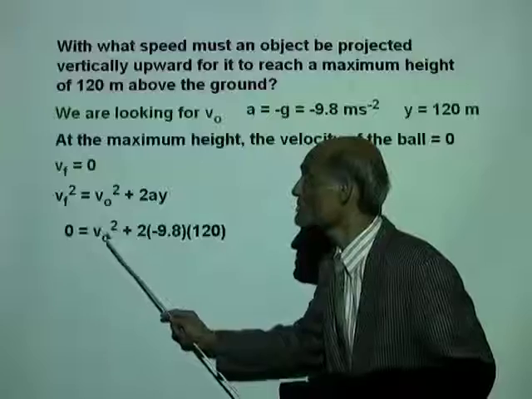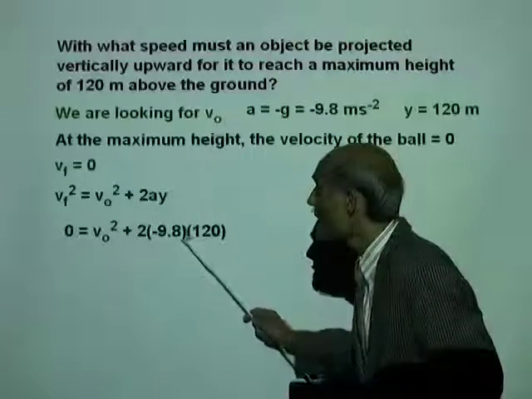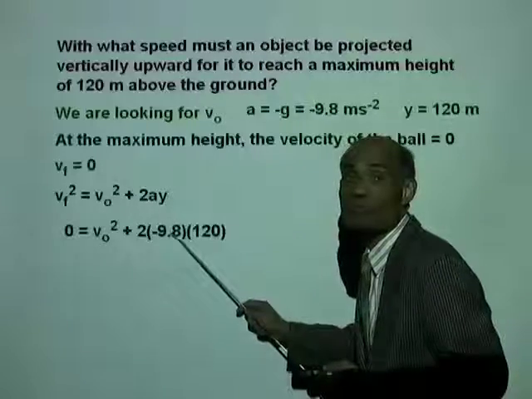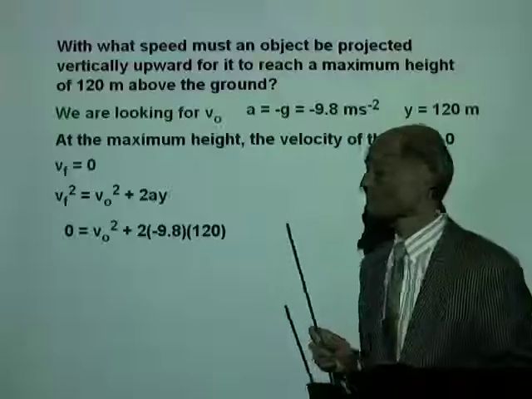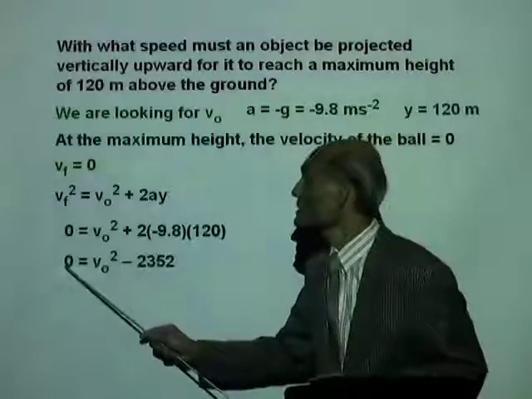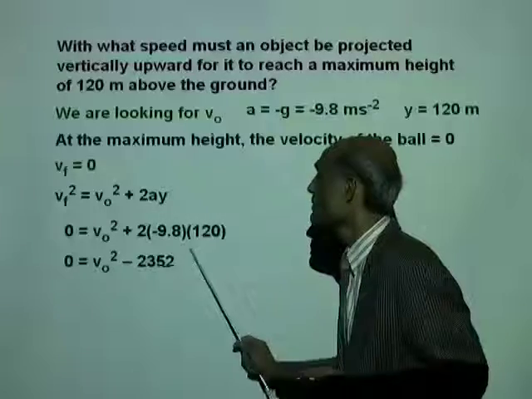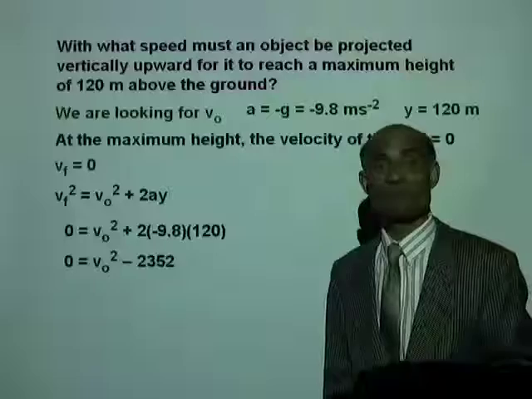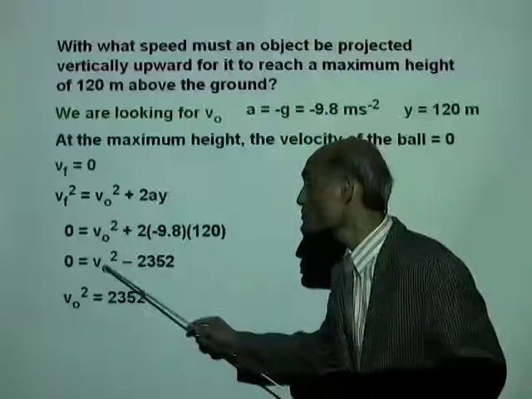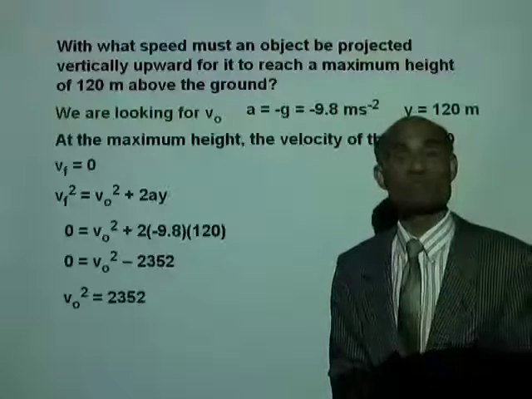0 equal to V0 squared plus 2a, where a is replaced by negative 9.8 and y is replaced by 120. That is 0 equal to V0 squared minus, multiplying these numbers, 2,352. So V0 squared equal to 2,352.